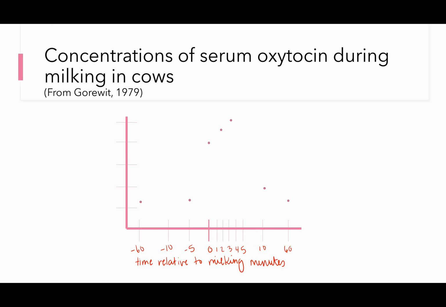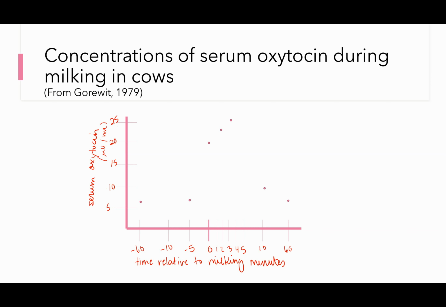On the y-axis, we have serum oxytocin, which is measuring oxytocin in the blood. This is in micro units per mL, and we have 5, 10, 15, 20, 25.